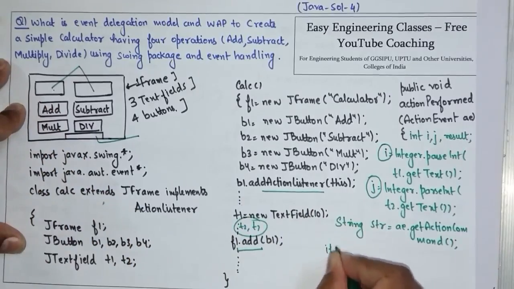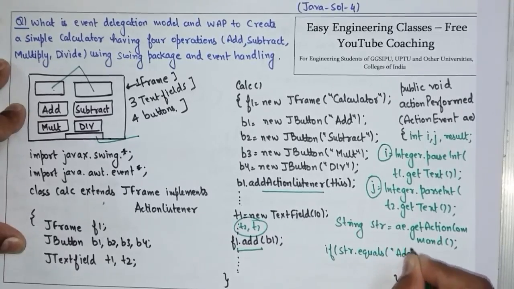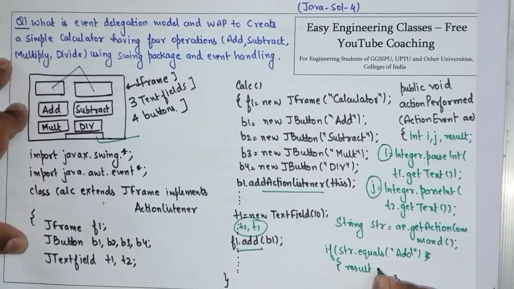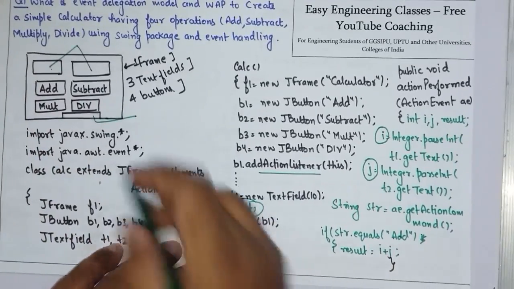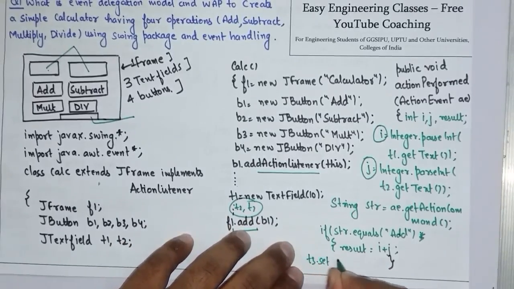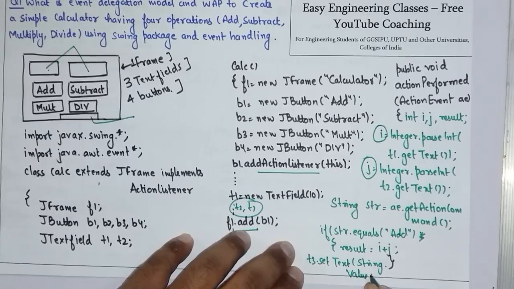So if str.equals("add"), then result is equals to i plus j and set the value of this. So it will be t3.setText(String.valueOf(result)).